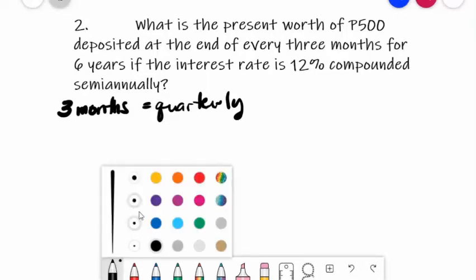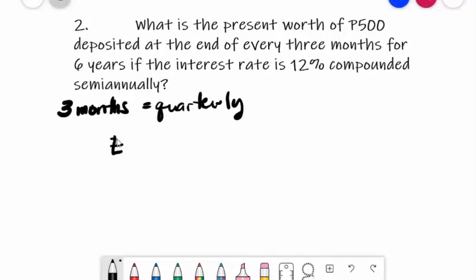Kailangan natin makuha yung effective rate of interest ng semi-annually. So, from our formula, ER is equal to 1 plus I raised to M. We will equate ER of quarterly and ER of semi-annually.